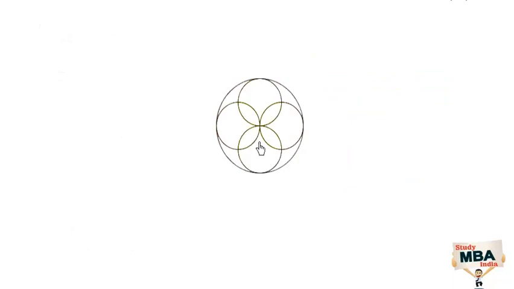So let us take the carpet theorem in a circle also, right? So suppose this is a larger circle and all these four smaller circles have a radius half that of the larger circle. Now you can see that the area of the larger circle will be equal to 4 times the area of a smaller circle.